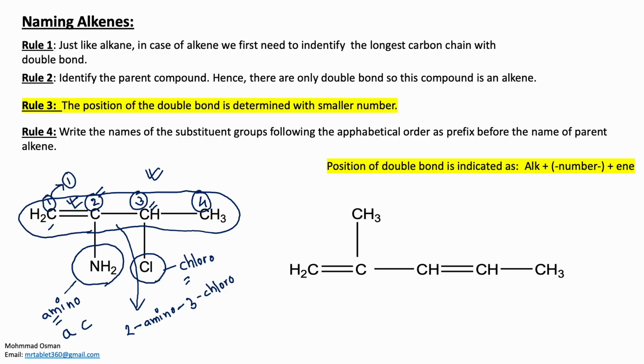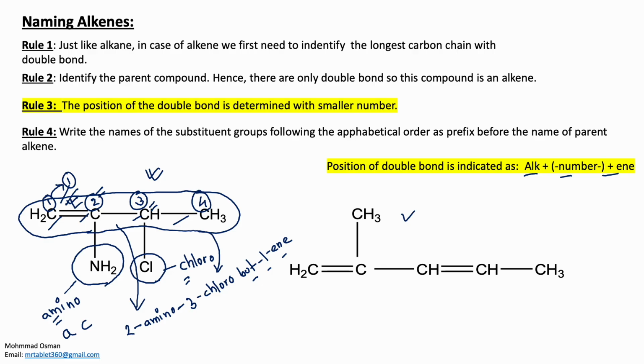And the longest chain contains 4 carbons, so it's going to be but, and our double bond is at position 1: alk plus number plus ene, but-1-ene. So the name of the compound becomes 2-amino-3-chlorobut-1-ene. So it's like 2-amino-3-chlorobut-1-ene.